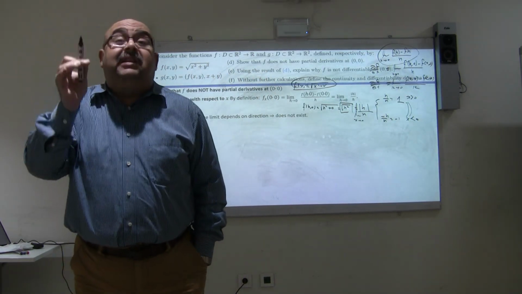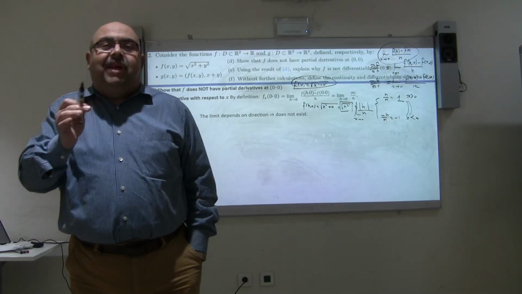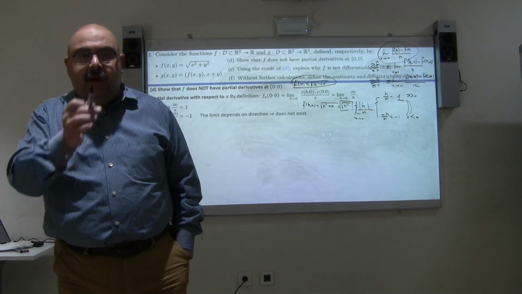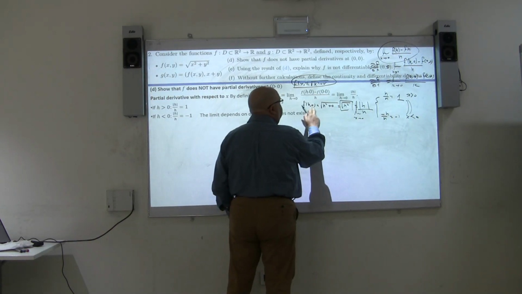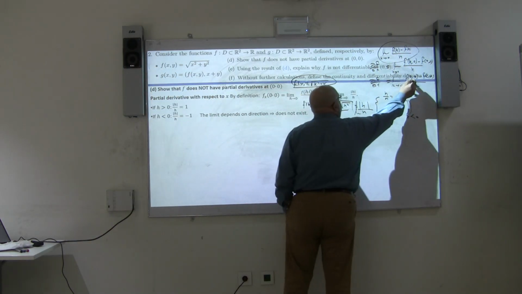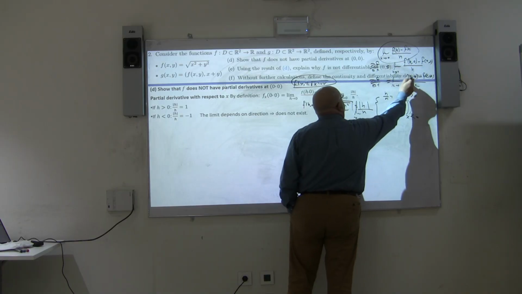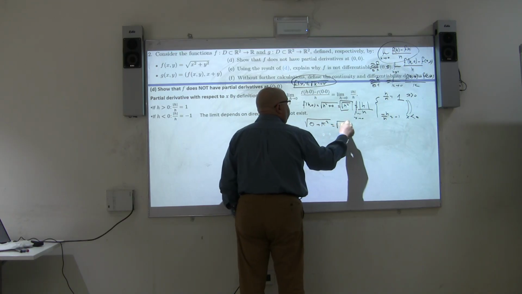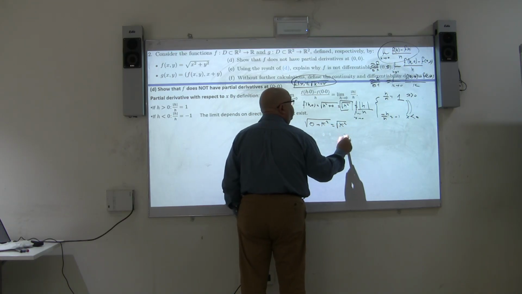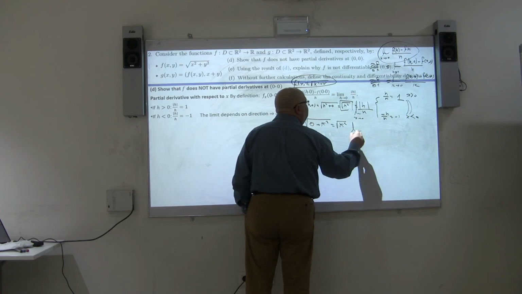It's going to be exactly the same in the y direction. Why? Because instead of substituting with h and 0, you would substitute with 0 and k. So your root will be the square root of 0 plus k squared, which leads to the square root of k squared, and to the same result.